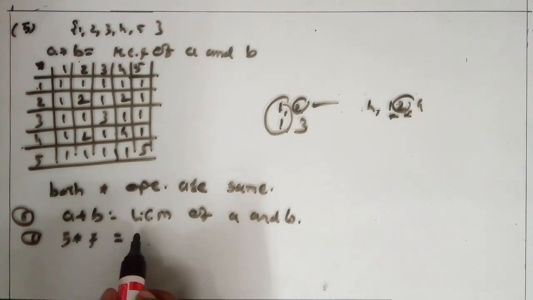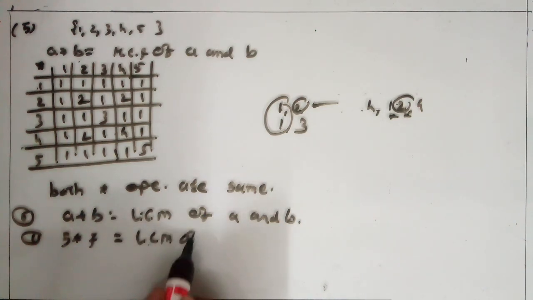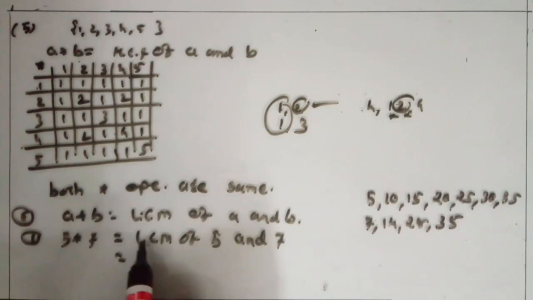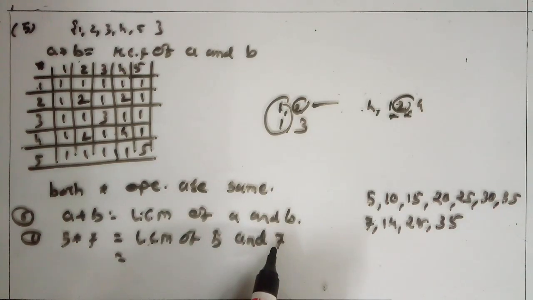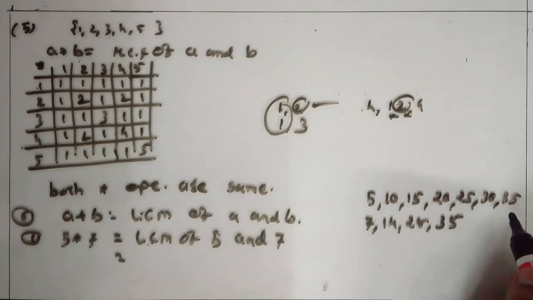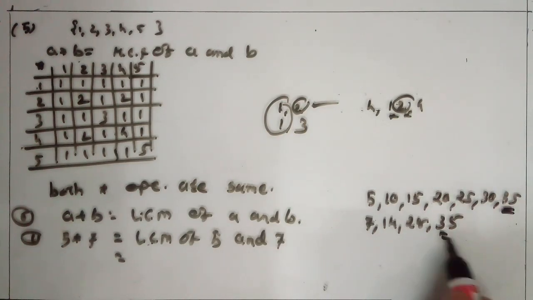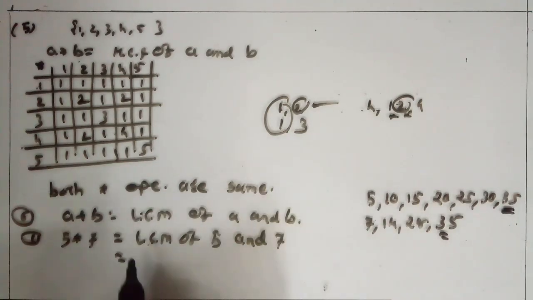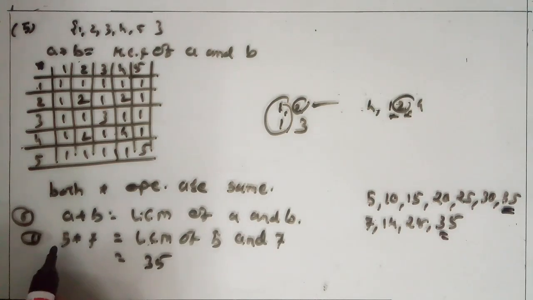Here 5 star 7 is equal to the LCM of 5 and 7, the least common multiple, the smallest common multiple of 5 and 7, which is 35. So the LCM of 5 and 7 is 35. Remember this. So 5 star 7 is equal to 35.